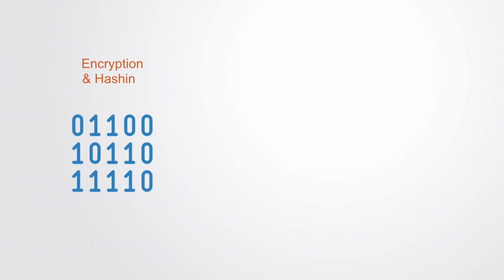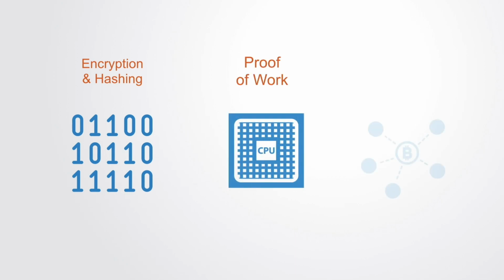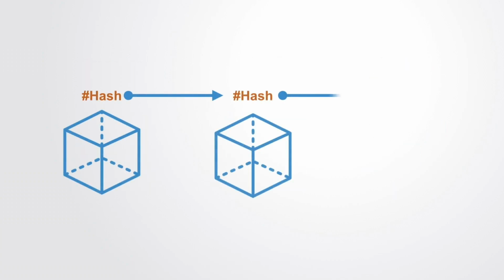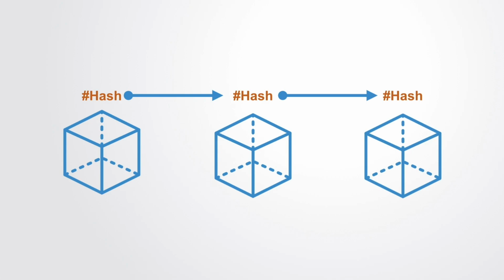Blockchains are trying to create a secure, trusted, shared database, and they do this through encryption and hashing, proof of work, and network consensus. The hashing and linking of blocks makes it difficult to go back and change a previous block once it's entered, but this alone would not suffice to ensure that the data is truly tamper-proof.